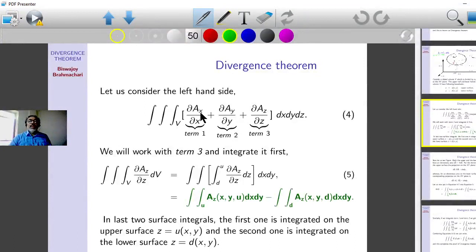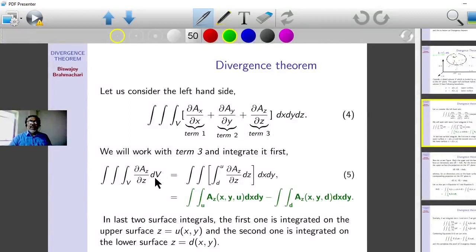Ax here is the x component of the vector A, Ay is the y component of vector A, while Az is the z component of vector A. Therefore, in total there are three terms, term 1, term 2, term 3, and they together define the divergence of A. We can take term 3 for the time being, and then using the symmetry of the result, we will be able to tell what term 1 and term 2 are.